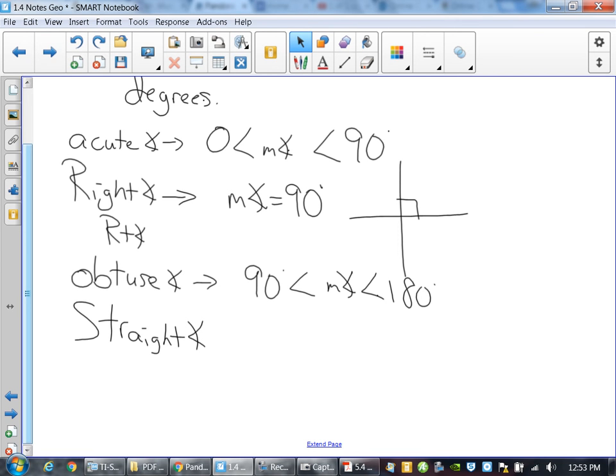Have you ever heard of a straight angle? It's just an angle that measures 180 degrees.